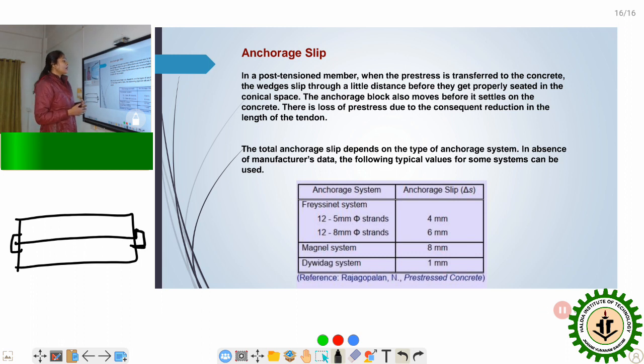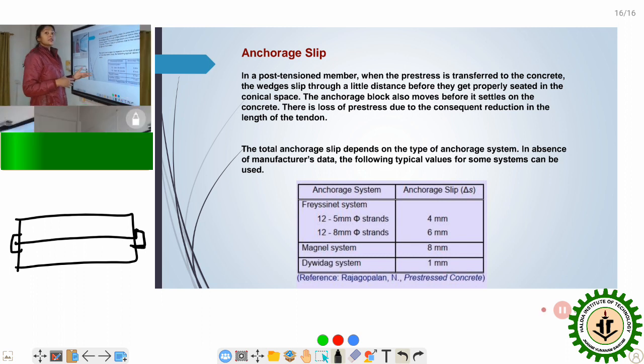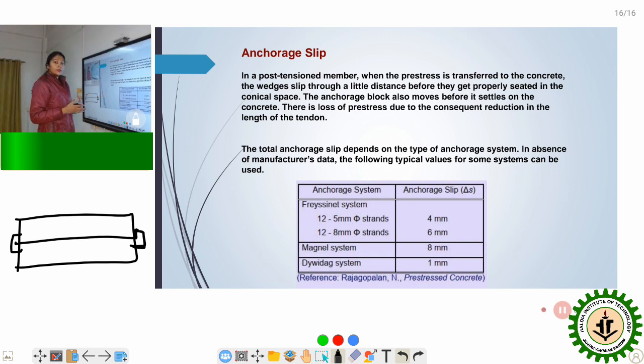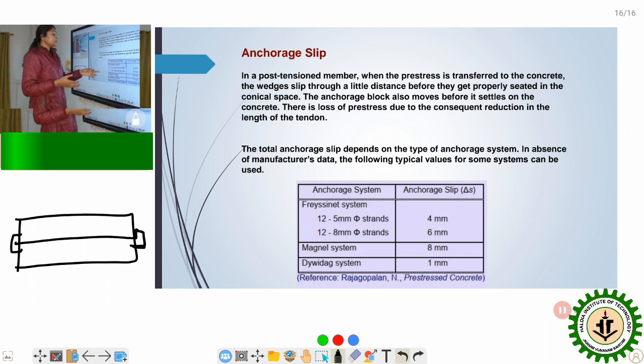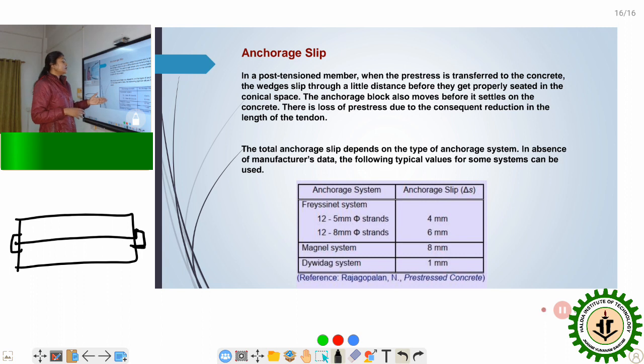According to IS 1343:2012, which I mentioned before, there are different values of anchorage slip we normally take according to the anchorage system provided. For the Freyssinet system, which is very commonly used to provide pre-stressing force to the tendons of pre-stressed concrete members, anchorage slip generally ranges from 4 mm to 6 mm. For the Magnel system it is 8 mm, and for the Dywidag system we have 1 mm.